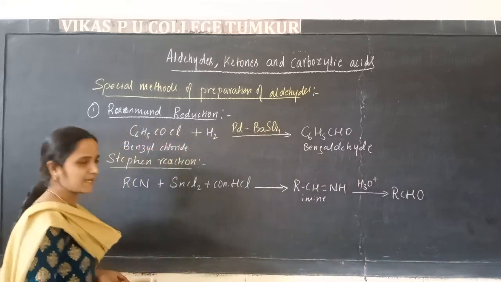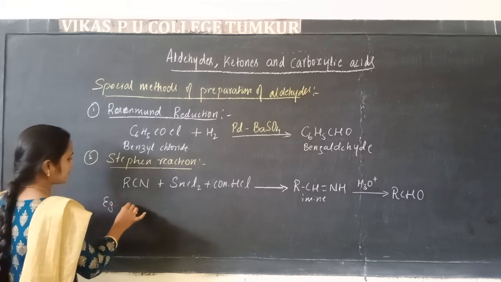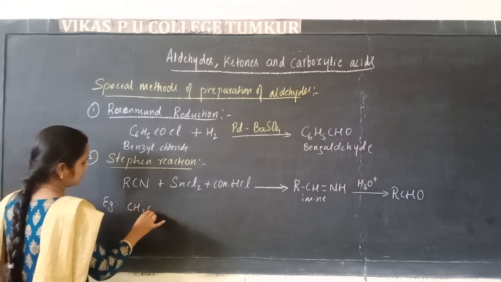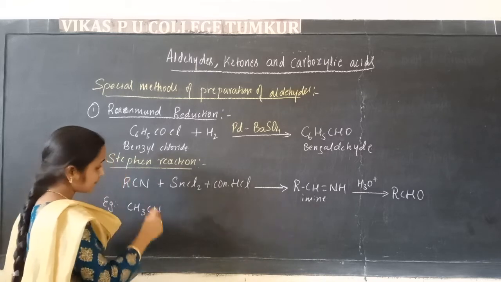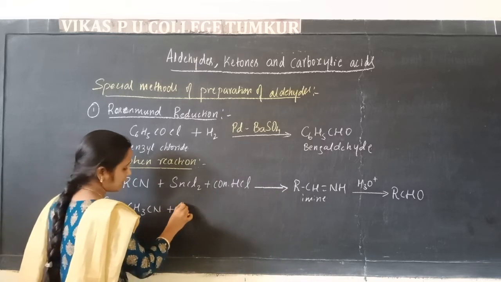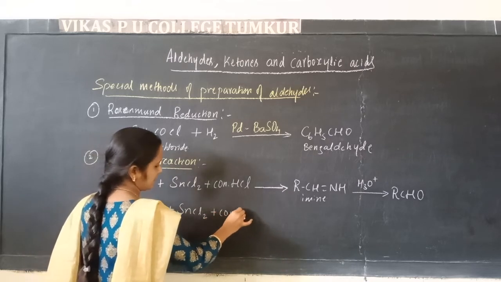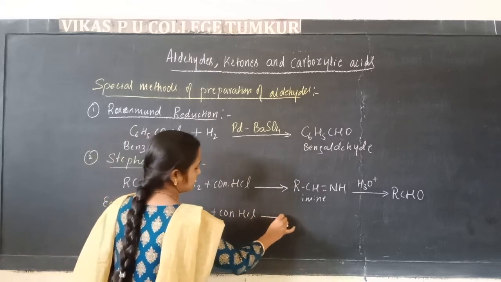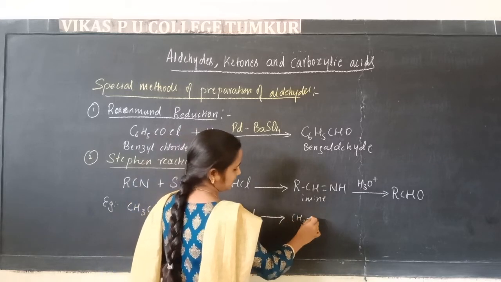So we will take an example. If you take CH3CN, that is, a nitrile, it reacts with stannous chloride in concentrated HCl and gives the respective imine.